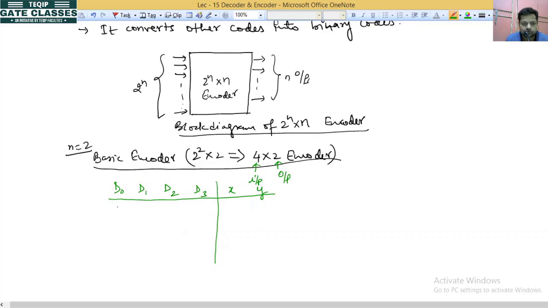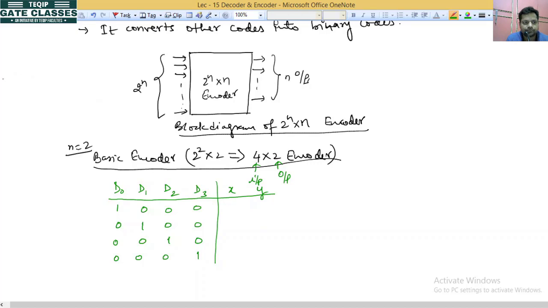In the first input we have D0 as 1, rest will be 0. The second, D1 will be 1, rest will be 0. In the third, D2 will be 1, rest will be 0. At last we have D3 as 1 and the rest will be 0.